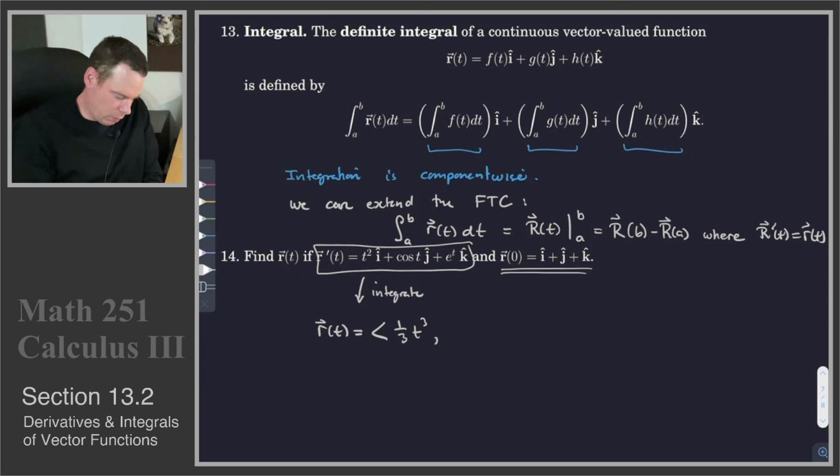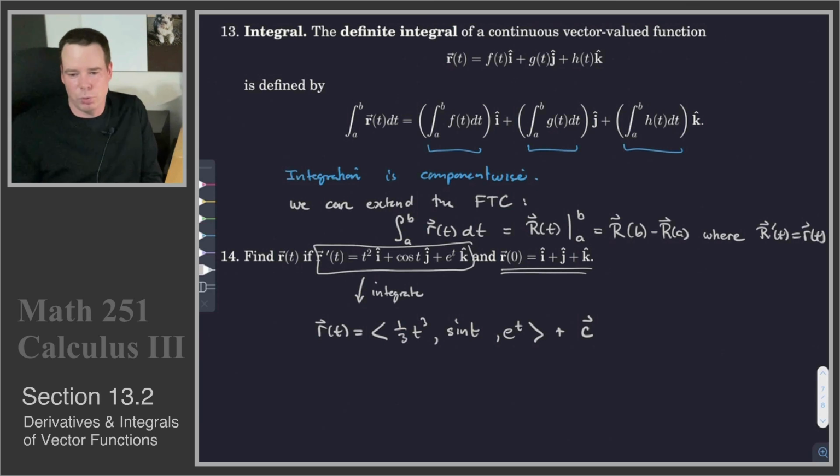The antiderivative of cosine is sine of t. The antiderivative of e to the t is e to the t. Of course, when we compute antiderivatives, in each case, there's this constant of integration that happens in each case. I can pool all those together as the components of a constant vector. So that's what C, the vector C is. It's just the individual constants of integration all brought together into one vector.